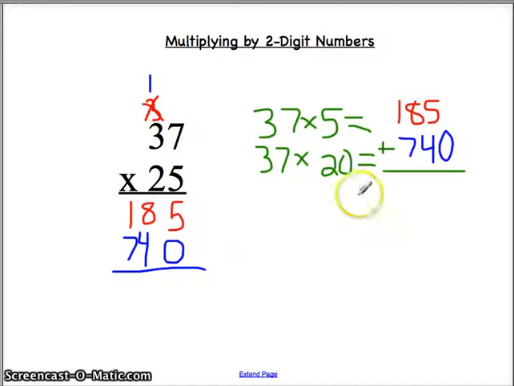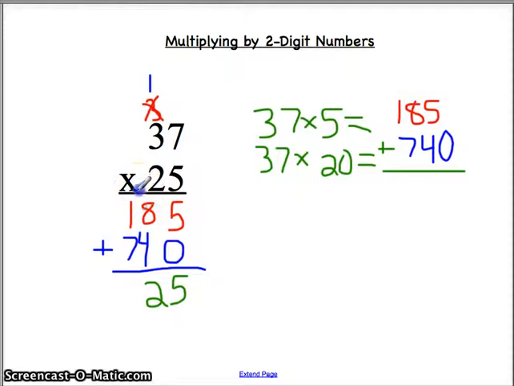Now what we're going to do is add these two products together so that we can get the grand total for the entire multiplication problem. I'm going to switch colors again so that it doesn't confuse us. 5 plus 0 is 5. 8 plus 4 is 12.